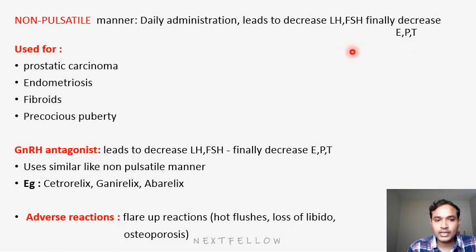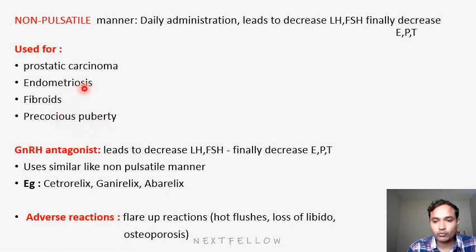So in which conditions is the non-pulsatile manner useful? Prostatic carcinoma, where there is excessive production of hormones, so we have to suppress it by giving the drug in the non-pulsatile manner. Next, endometriosis, fibroids, and precocious puberty.